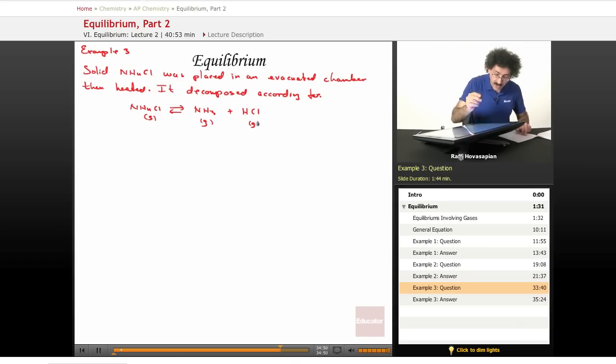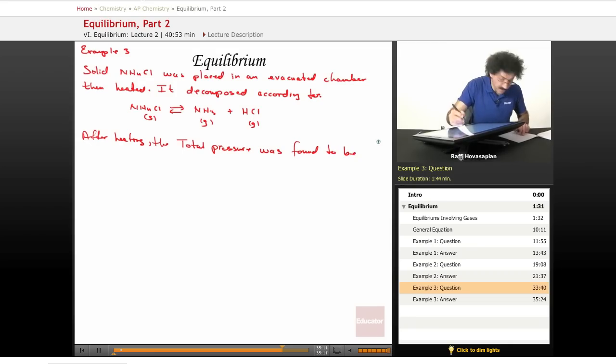Okay. Now, after heating, the total pressure was found to be 4.4 atmospheres.